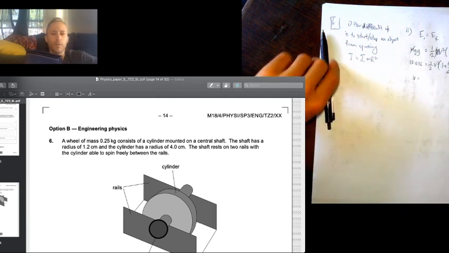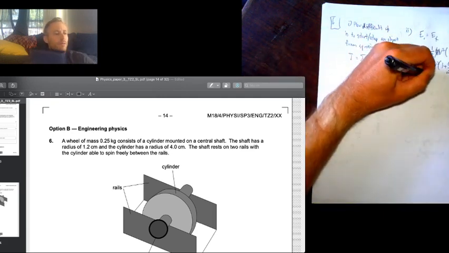And I get 1.25 meters per second, roughly.